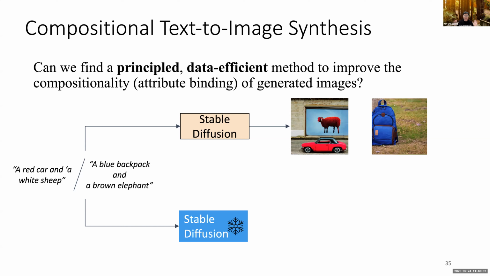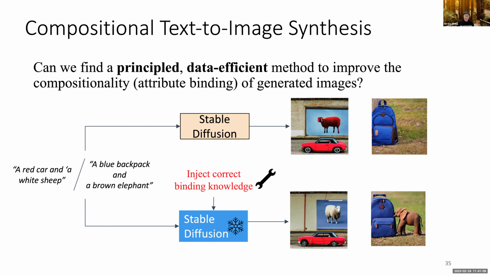There is no learning involved at all. So can we propose a training-free method, which is extremely data efficient, right, to improve the compositionality? We may need to inject some binding knowledge into the model somehow, to generate a faithful image of a red car and a white sheep, and another faithful image of a blue backpack and a brown elephant.